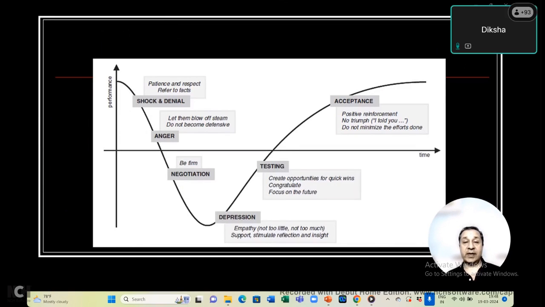So as they say, whenever you're trying to do anything which is going to change what was happening previously, there are lots of stages which everybody goes through. The initial stage of shock and denial. Obviously, you get angry as to why you want to change at all. You try to negotiate and get some things and maybe leave some things out. You may get into a state of depression at a point in time.